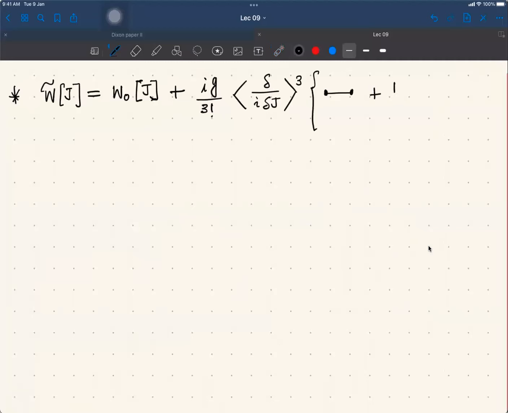Then the second term, then one over factorial 3, and so on. Right?